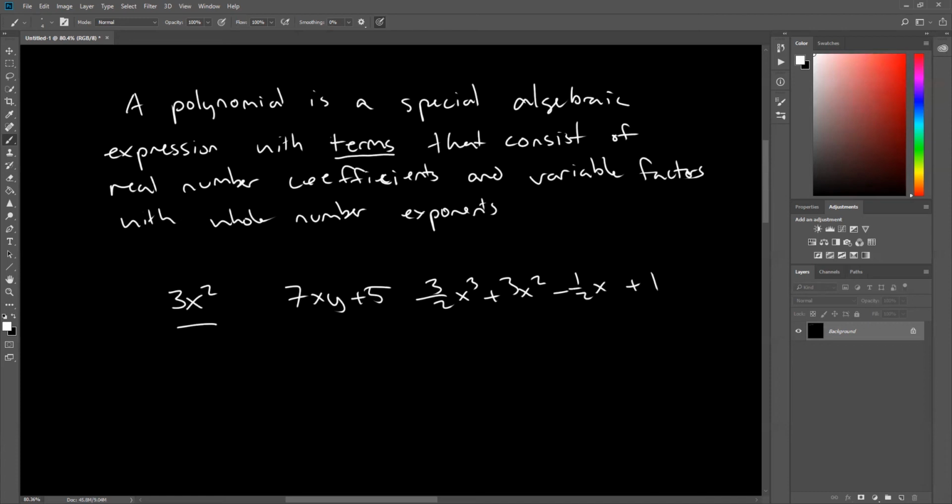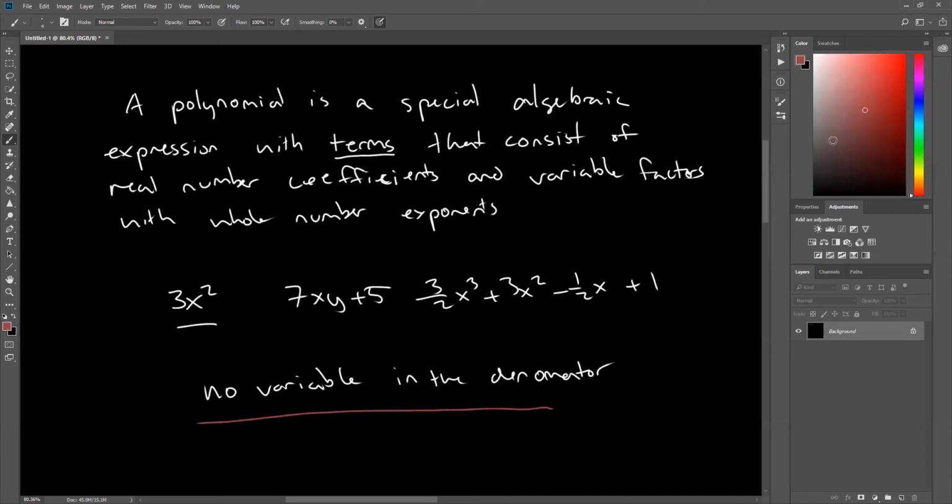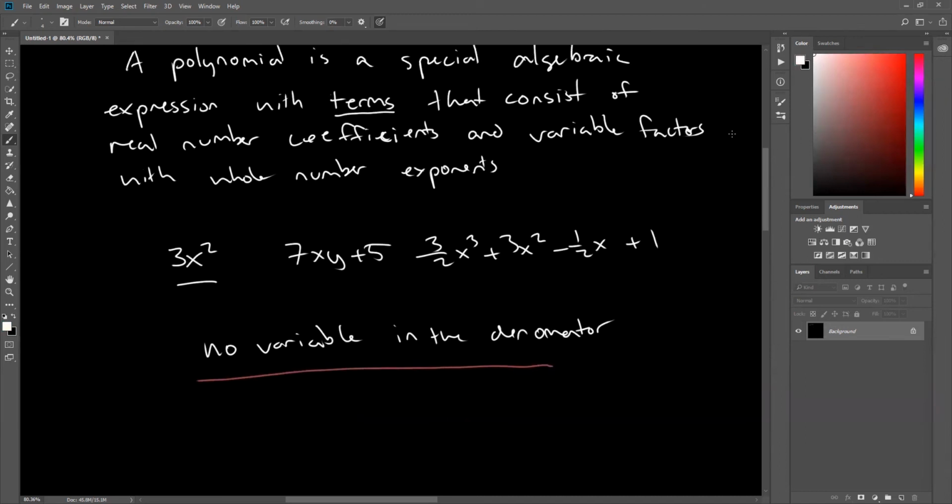But there are some things that aren't polynomials. It's usually when you have the variable in the denominator. So no variable in the denominator. That makes it not a polynomial. So for example, this would not be a polynomial.